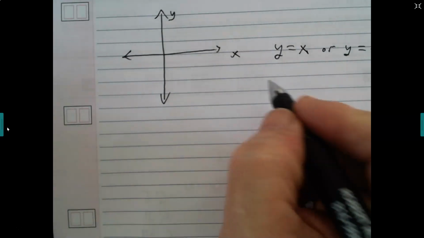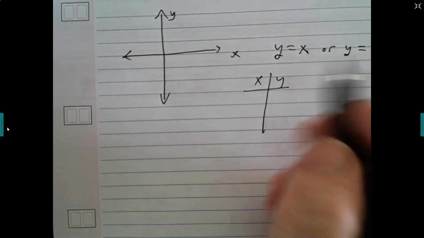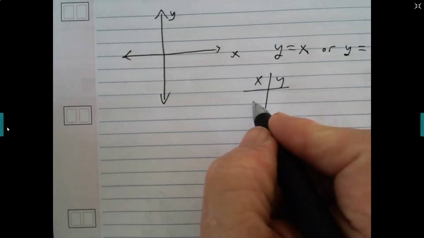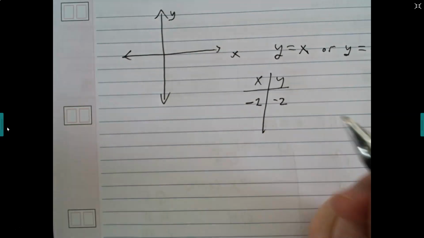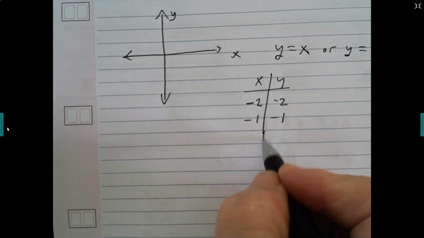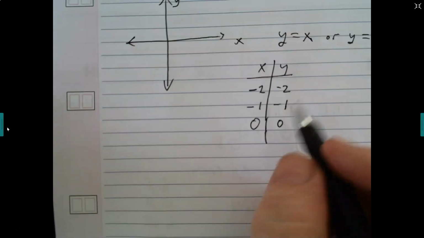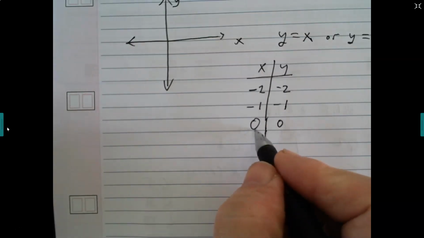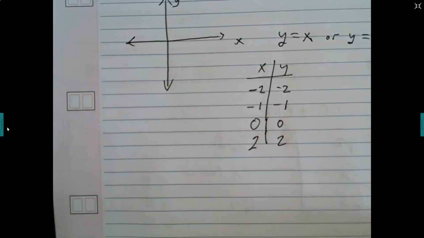Now, you will see this in the Desmos lessons. What this means is that x and y are the same. So if I have -2, y is -2. If x is negative 1, y is negative 1. If I have 0, y is 0. And if I have, let's say, 2, I will have 2 back.